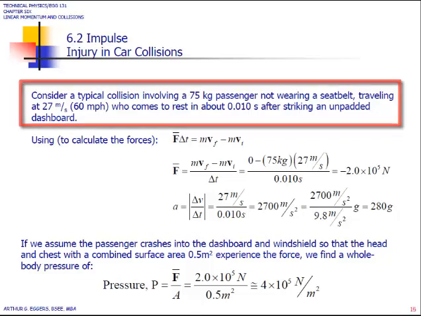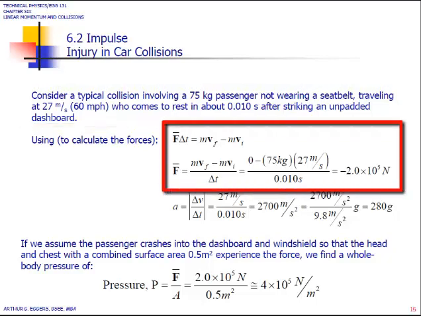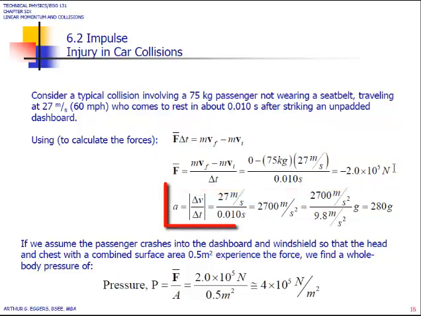Using the impulse-momentum definition, the difference in the momentum before and after the crash, 75 kilograms times 27 meters per second, over the duration of the impact, gives us an average force of 2 times 10 to the 5th newtons, or about 200,000 newtons of force being applied.